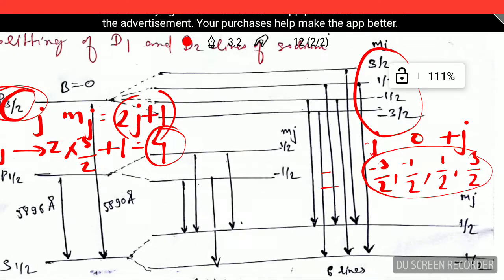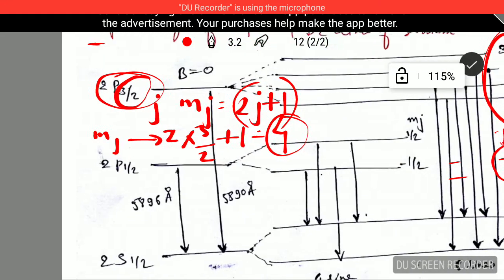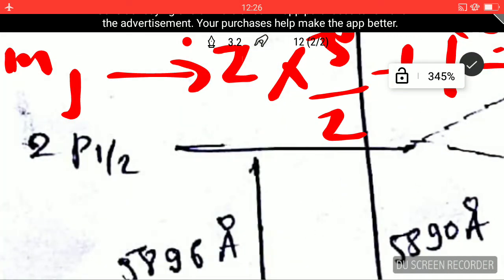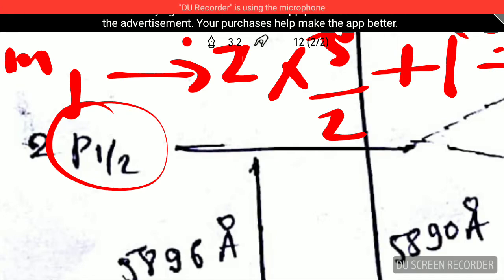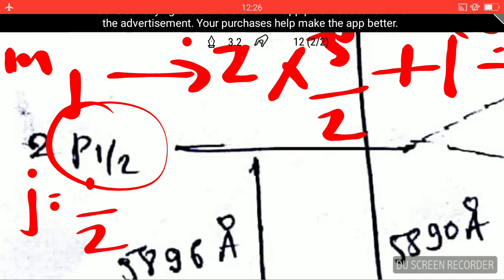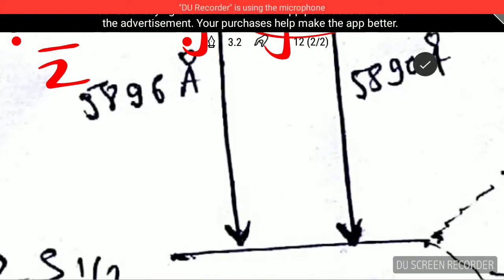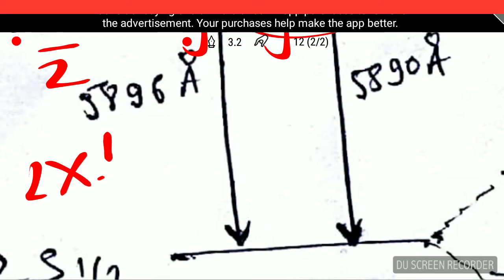So it is written here. Now again let's come to this term. Here the value of j is 1 by 2, and mj will have 2j plus 1 values, that is 2 into 1 by 2 plus 1, and that will be 2.